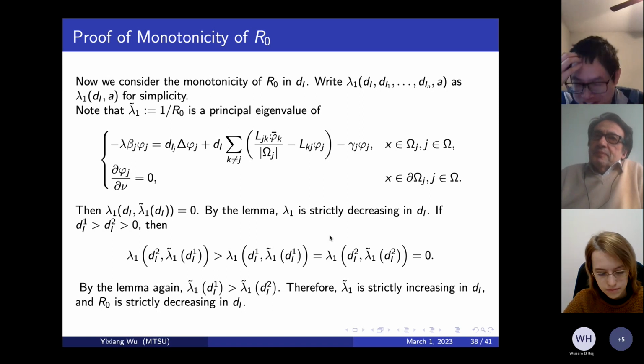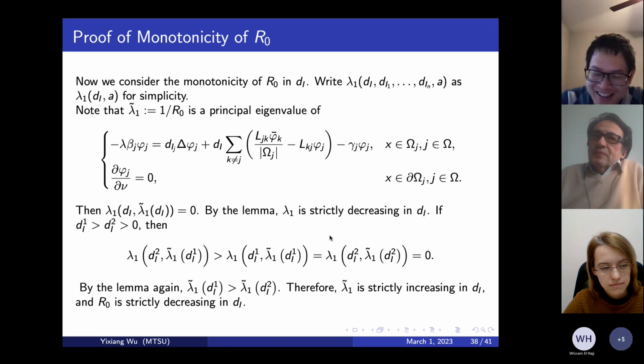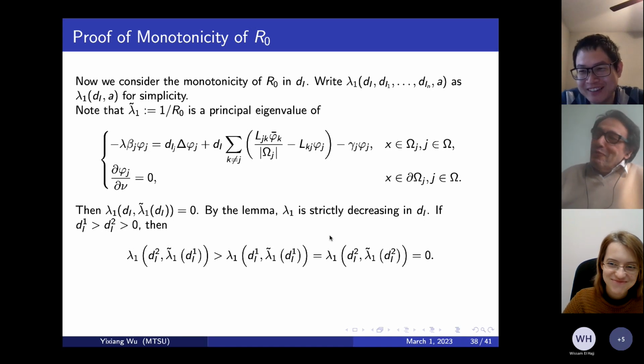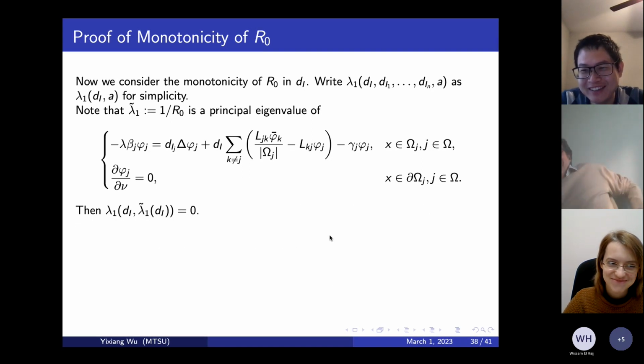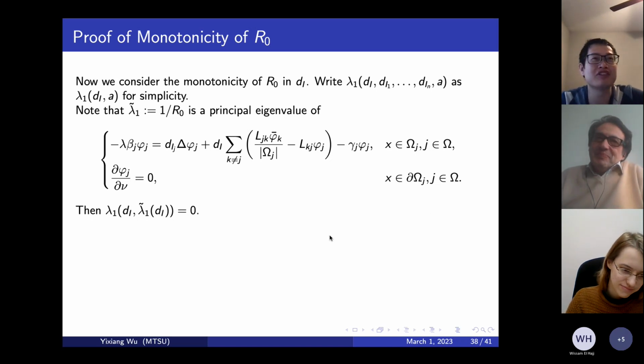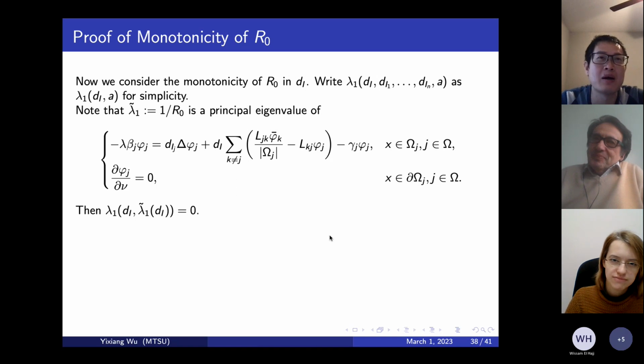Very good question. So why is the basic reproduction number decreasing in D_I? People always ask, some kind of surprise. Firstly, it's clear from the mathematics, right?